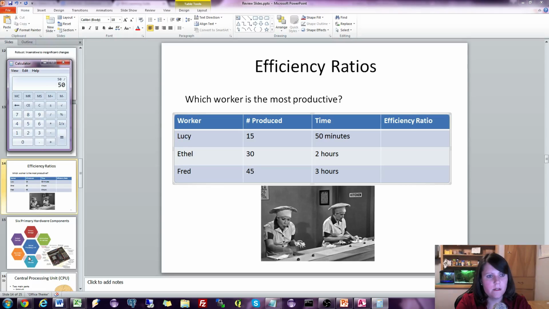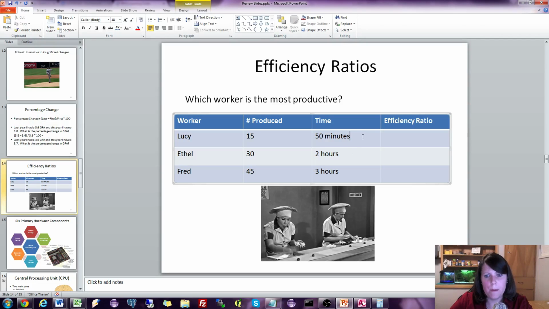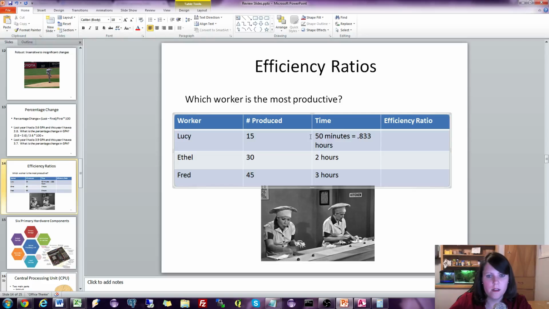So 50 minutes divided by 60, so that's 0.83 hours, repeating. So the efficiency ratio here, so how many are produced over time, if I did it in hours. And I think this is, again, pretty straightforward. We do this calculation. So obviously, if we're looking at number of units, we want the person who made the most units in a certain amount of time. If we're looking at time, we want the person who took the least amount of time.